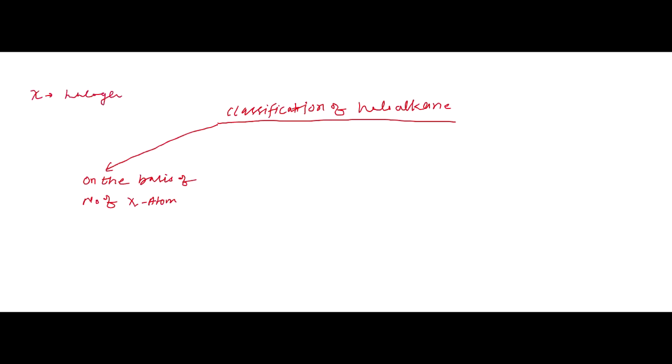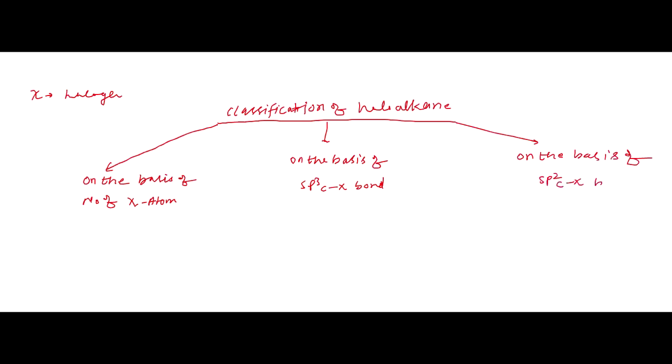Second, on the basis of the sp3 C-X bond. And the last one is on the basis of the sp2 C-X bond. Now, if I go into a little more detail, on the basis of the number of X atoms there are 3 types.